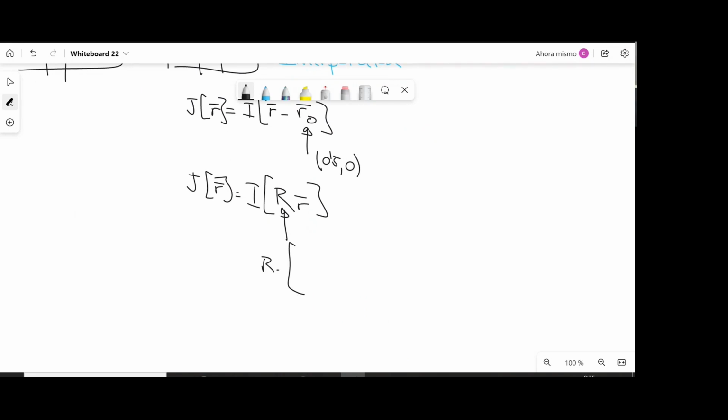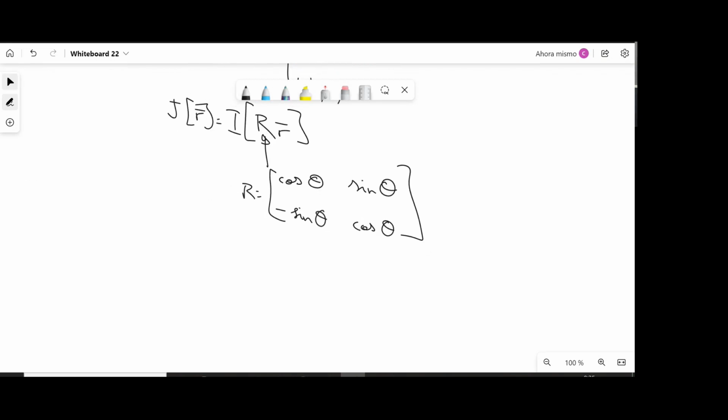So this is equal to, let's say, cosine theta, sine theta, minus sine theta, cosine theta. It also applies to scaling transformations, that is the topic of today. So we have a scaling factor in x and a scaling factor in y, and then we would have a scaling of the image.